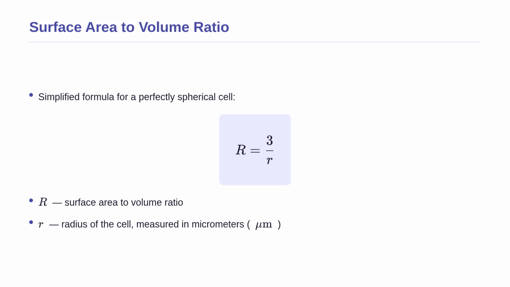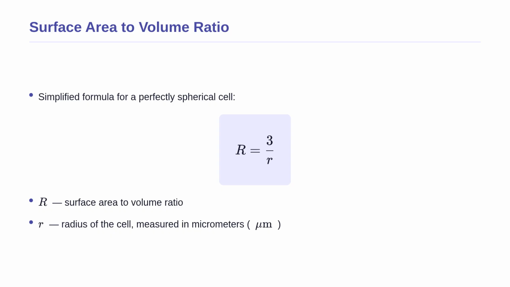This geometric rule leads us to a beautiful and simple formula. If we assume our cell is a perfect sphere, the surface area to volume ratio, denoted by R, simplifies to 3 divided by the radius, r. Conceptually, this formula tells us how much outer membrane is available to feed the living cytoplasm inside.